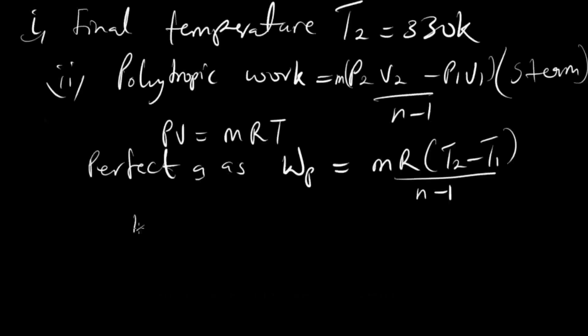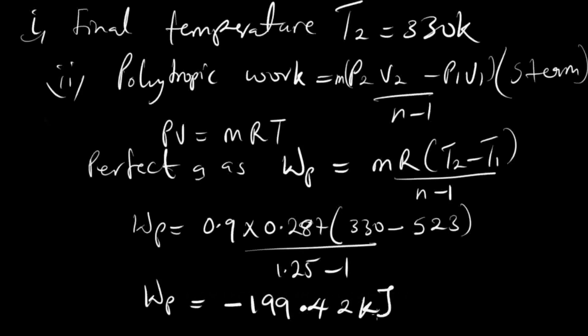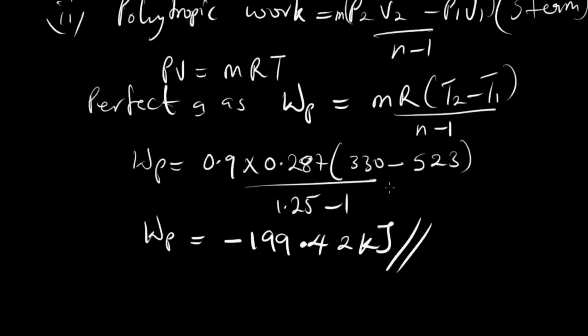So polytropic work will be, what was the mass? 0.9 times R is 0.87, T2 is 330 minus T1, over 1.25 minus 1. So WP becomes minus 199.42 kilojoules. So our polytropic work is minus 199.42 kilojoules.